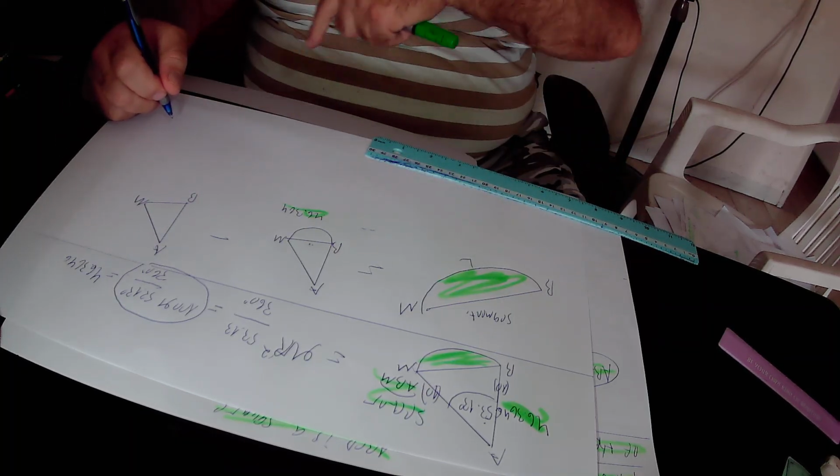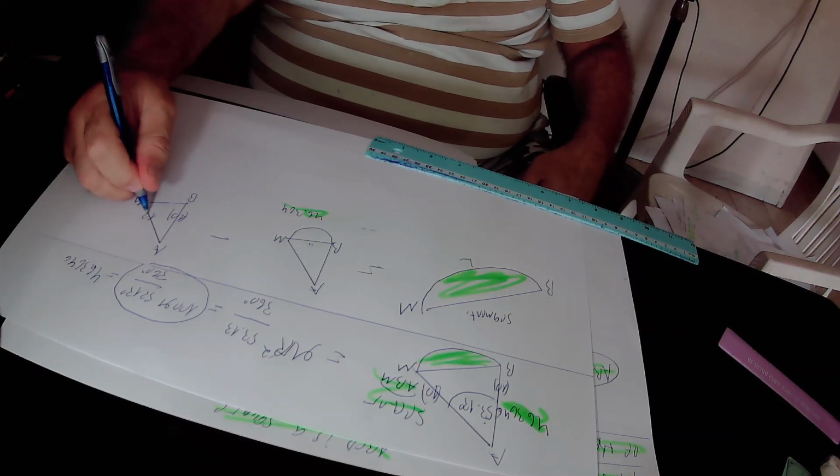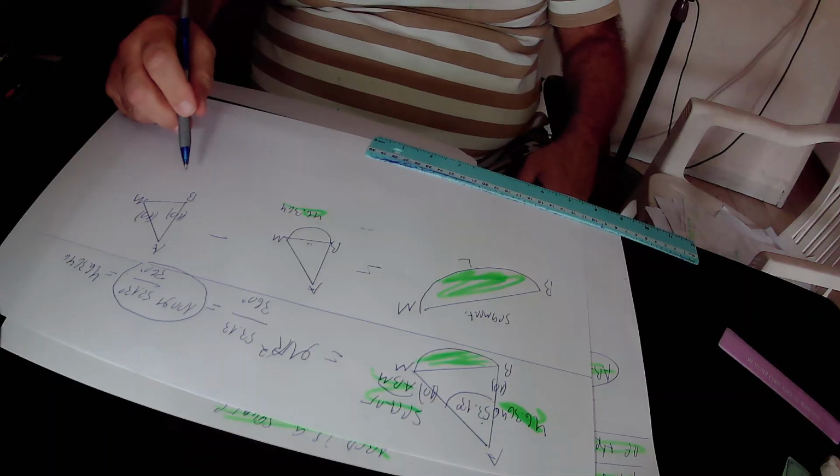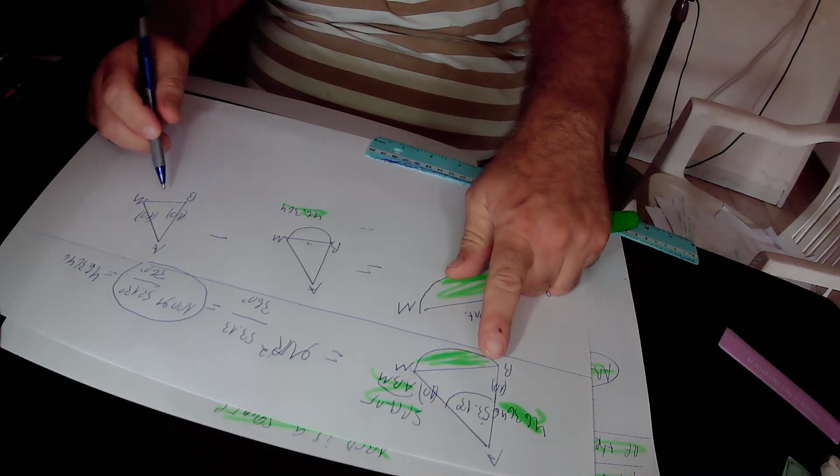Side AB of triangle ABM equals 10 units. Side AM also equals 10. And the angle between side AB and side AM is 53.13.